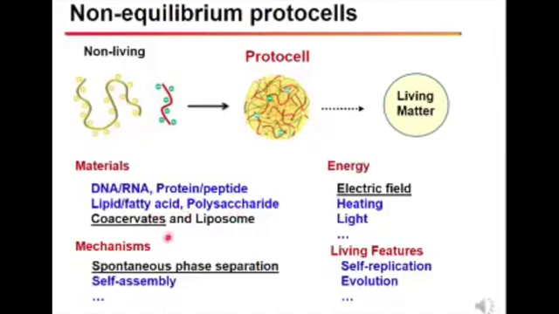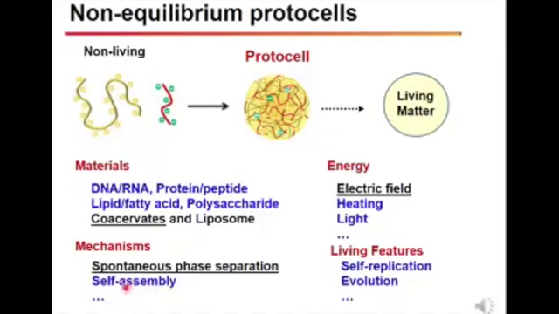The next parameter is mechanisms. You have to choose a spontaneous process for them to assemble into protocells, since there's no hand before life to manipulate those polymers. The spontaneous processes include phase separation, self-assembly, and self-organization.